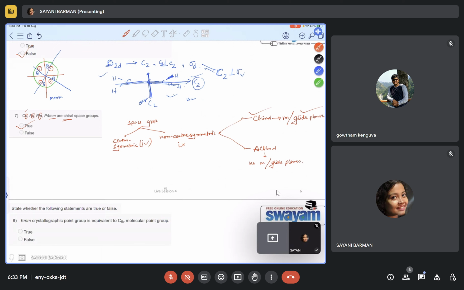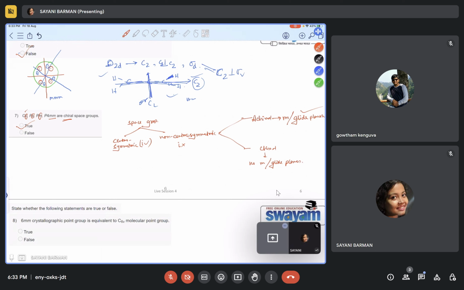Okay, let me check once. Okay, I have made one mistake. This is achiral, where mirror or glide planes are present, and chirals are where there are no mirror or glide planes.